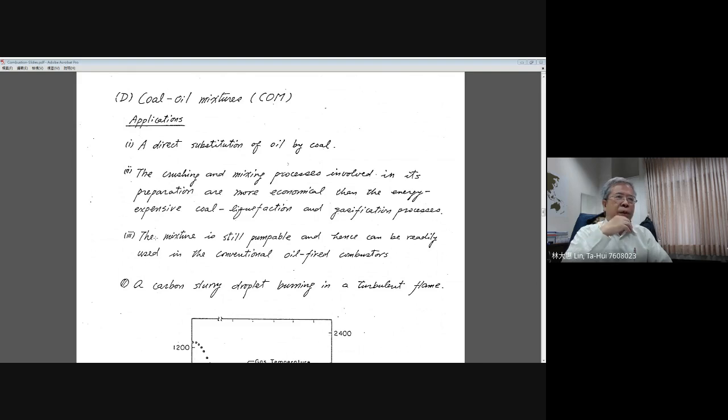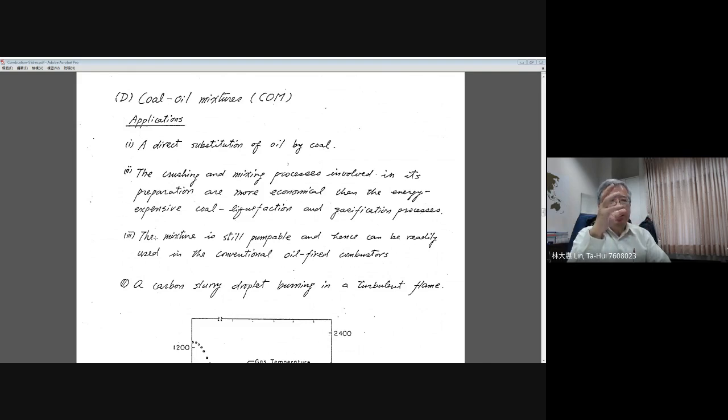And recently, people try to reduce carbon dioxide emissions. Then they try to use so-called coal gasification. They make the coal gasified to become a mixture of carbon monoxide and hydrogen. Then they use these gaseous mixtures as the fuel in the furnace. Those impurities, for example the sulfur or nitrogen compounds, will be caught before they go out of the gasifier.